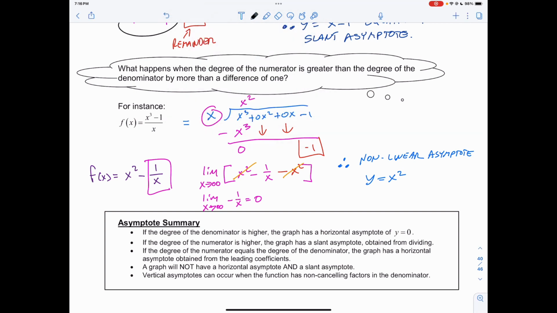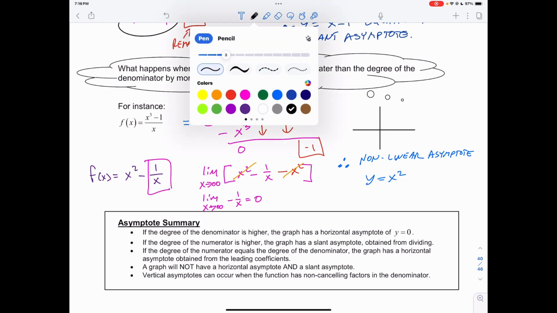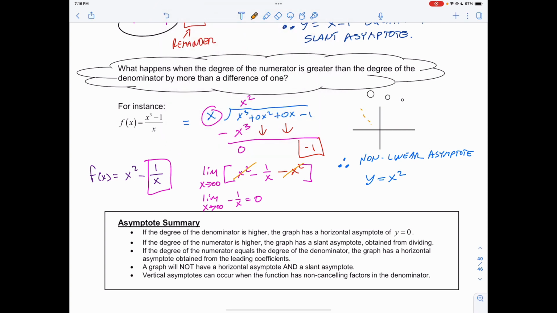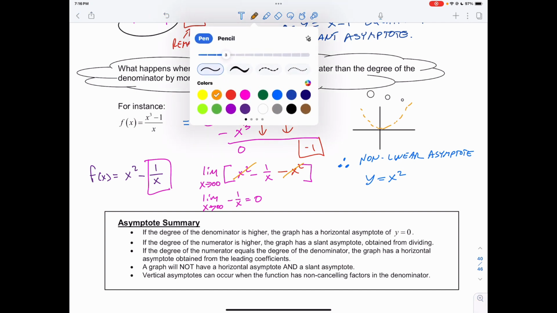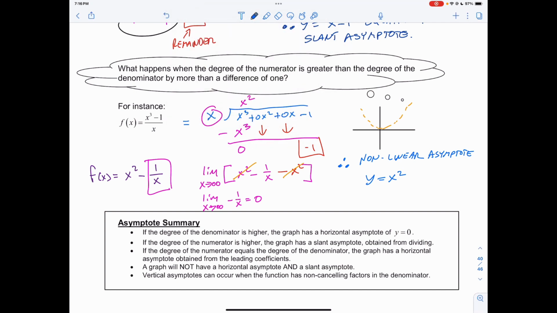This is a very bizarre one because I'm going to have that asymptote at y is equal to x squared, where my function is going to approach that line on the left-hand side and on the right-hand side.